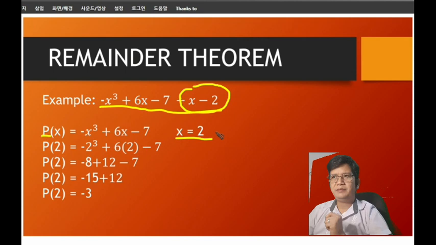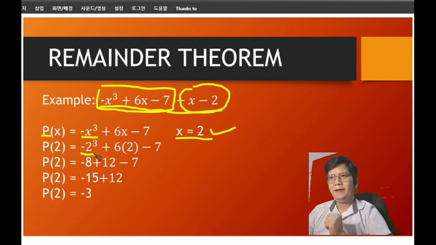So, ang ibig lang sabihin, gamit ang dividend natin, kailangan nating ipalit sa bawat variable x ang value which is equal to 2. So ang negative x cube ay magiging negative 2 raised to 3 after na mapalitan ang x ng 2.